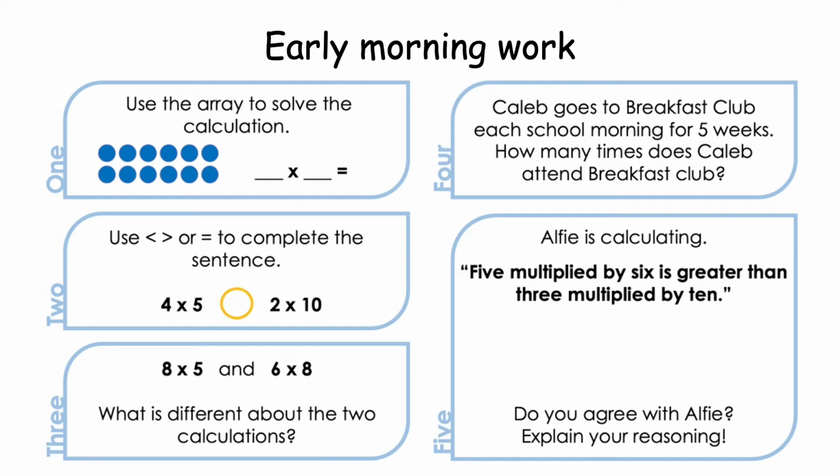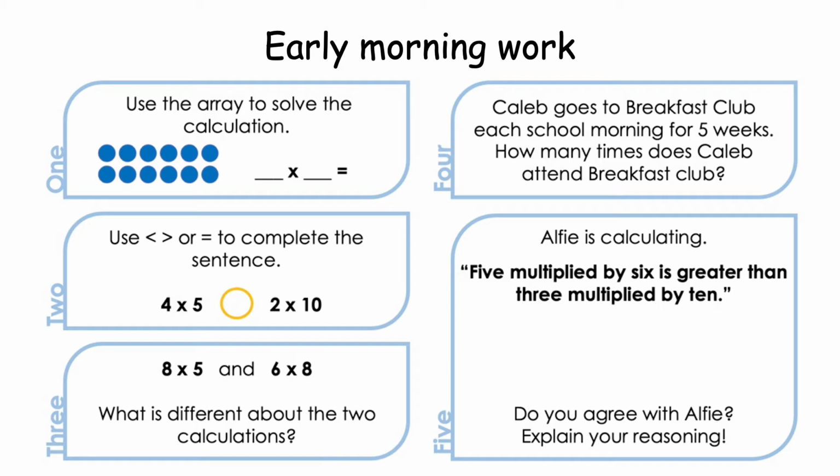Number 3, what is different about the two calculations? 8 5s are 40 and 6 8s are 48, so the totals are different and there is a difference of 8. Number 4. Caleb goes to breakfast club each school morning for 5 weeks, so he goes 5 times per week.